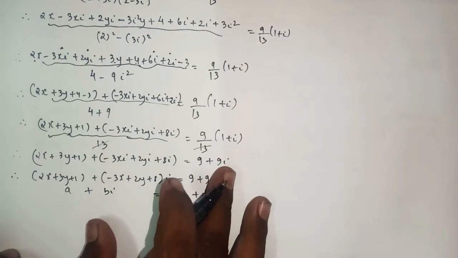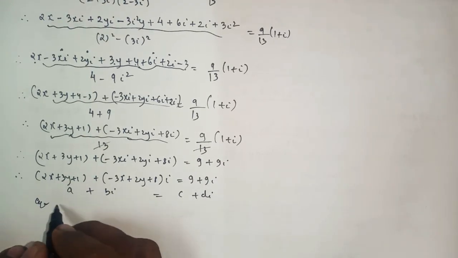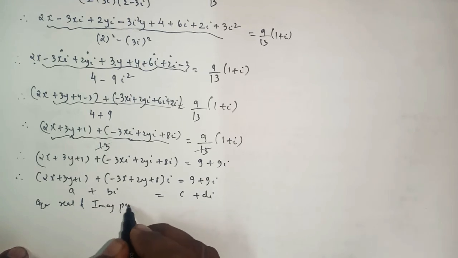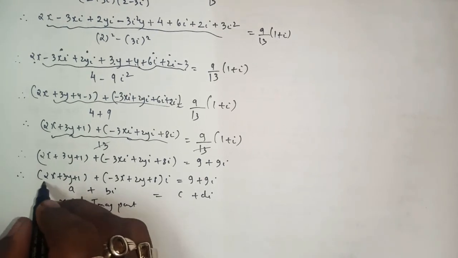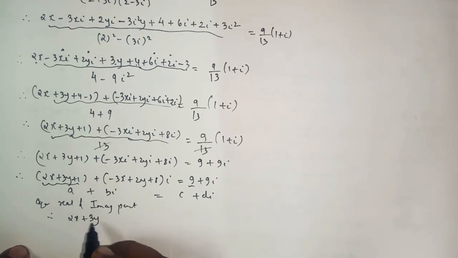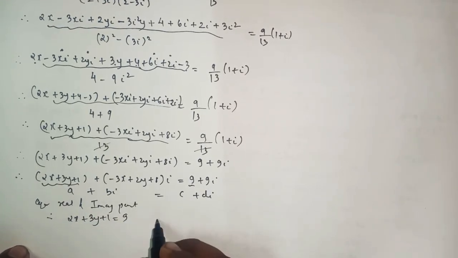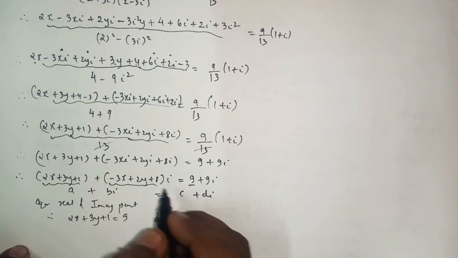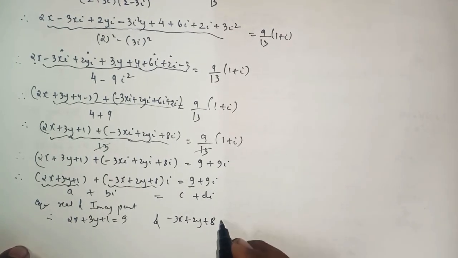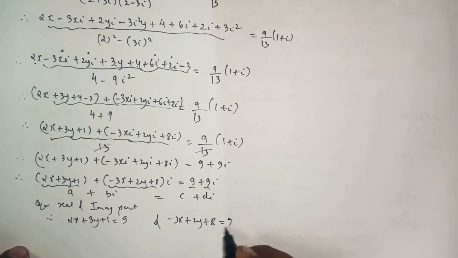Now just simply equate the real and the imaginary parts. So here we'll get 2x plus 3y plus 1 equals to 9, and in place of this section, minus 3x plus 2y plus 8 equals to 9.